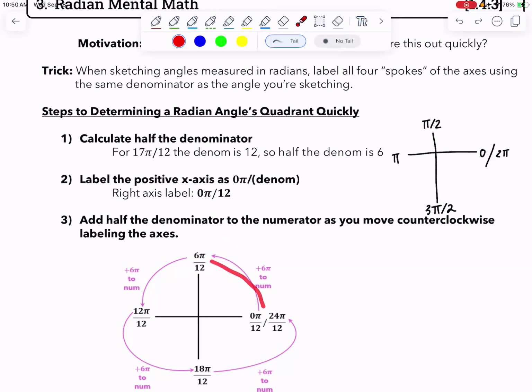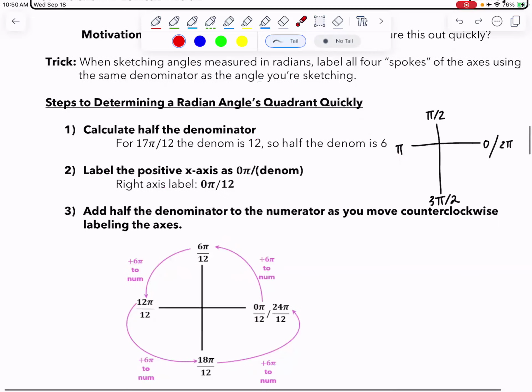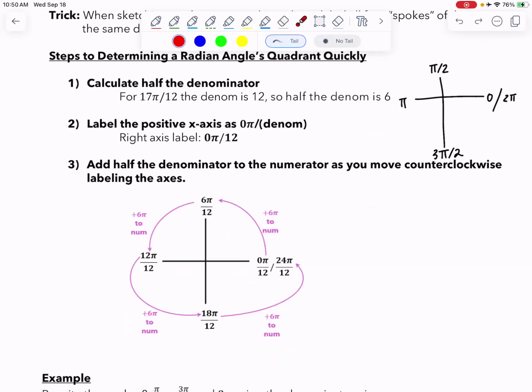And then it's so easy, guys. You just keep adding that half number to the numerator until you've gone all the way around the circle. We're adding 6 pi technically, but I just think of it as adding 6. So starting with 0 pi over 12, adding 6, 6 pi over 12, add 6 to the numerator, 12 pi over 12. So it goes 6, 12, 18, 24.